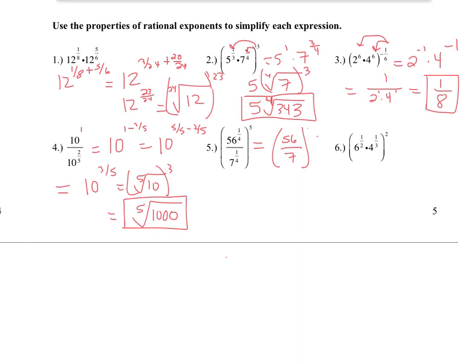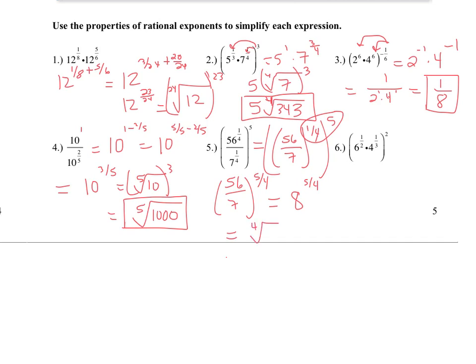Because if we take out the 1/4 and then the whole thing was being raised to the 5th, you multiply these, so you're going to have 56 over 7 to the 5/4. And now that I don't have any exponents in here, I can divide these. 56 divided by 7 gives me 8 to the 5/4 power.